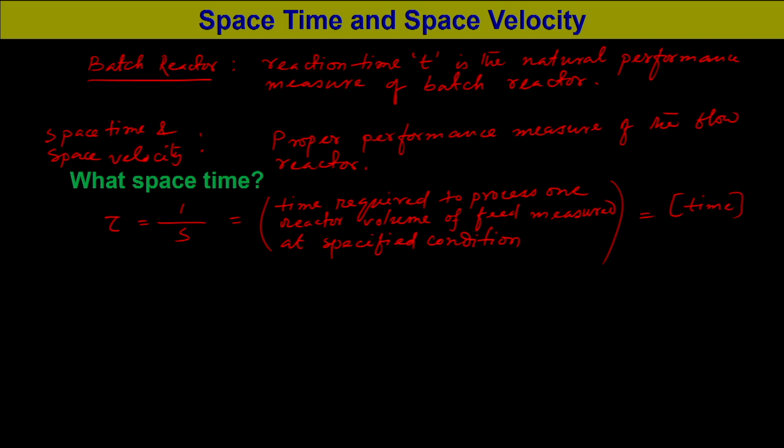So, the condition has to be specified, and the time required to process one reactor volume of feed is the space time. Now, space velocity can be defined in a similar way: s would be equal to 1 by tau, which is the number of reactor volumes that can be processed in unit time.